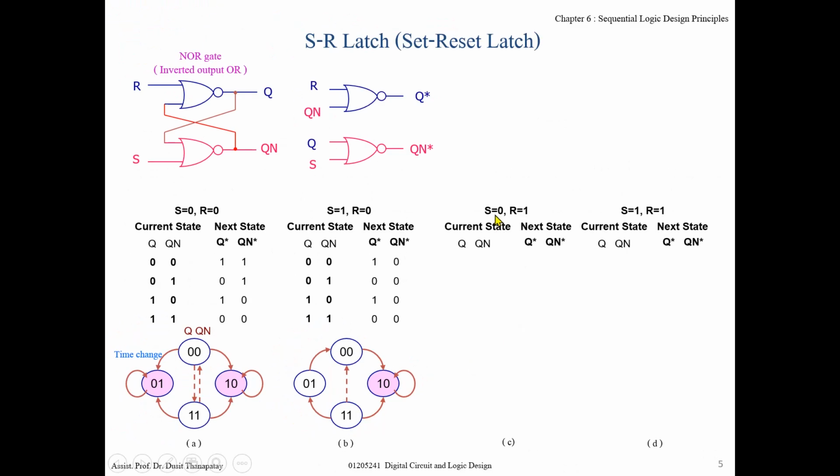How about this one? S is 0, R is 1. It's similar, right? R is 1, S is 0. So R is 1, this output then becomes 0, right? Q star is 0. And Qn star is what? 0 is Q prime. So in this case, you can analyze this one.